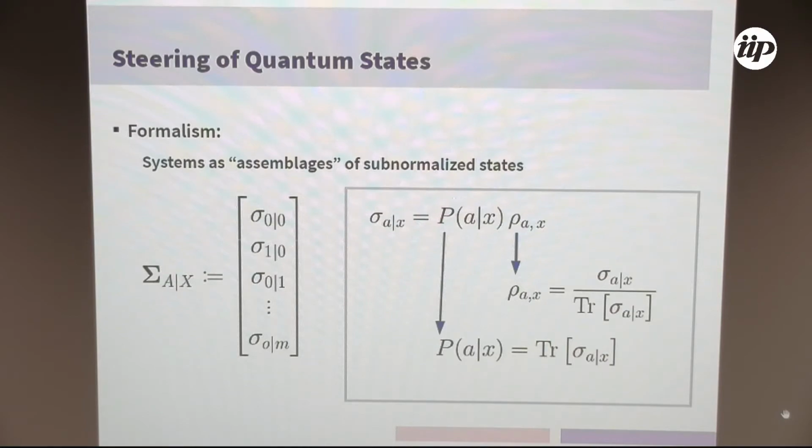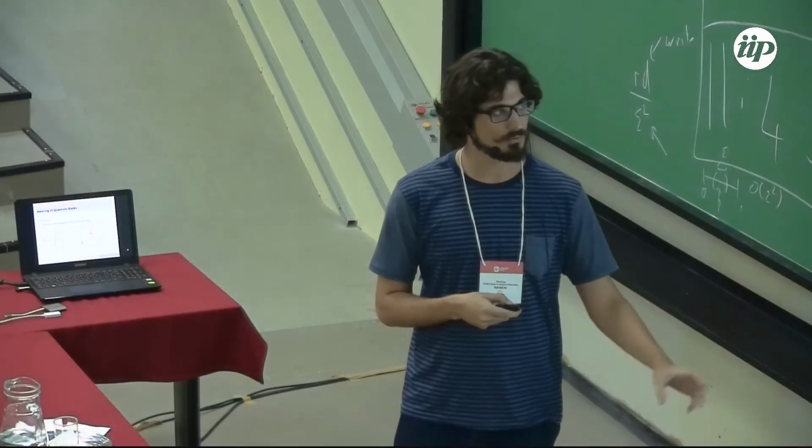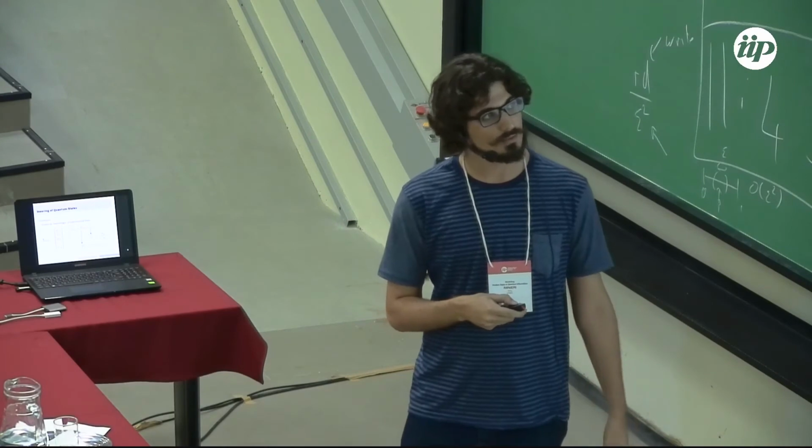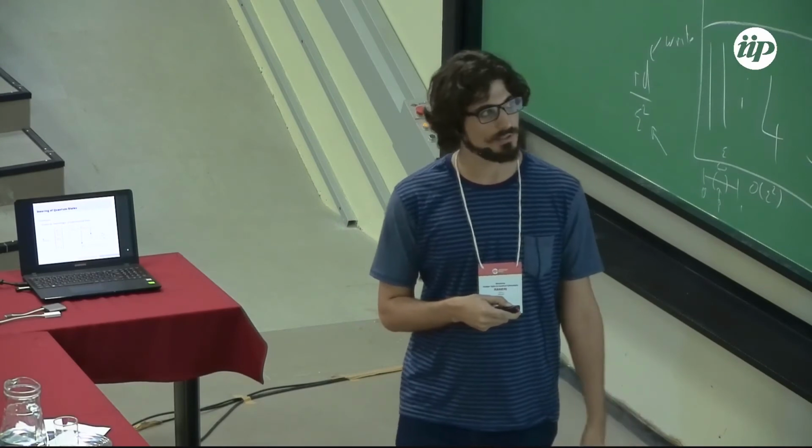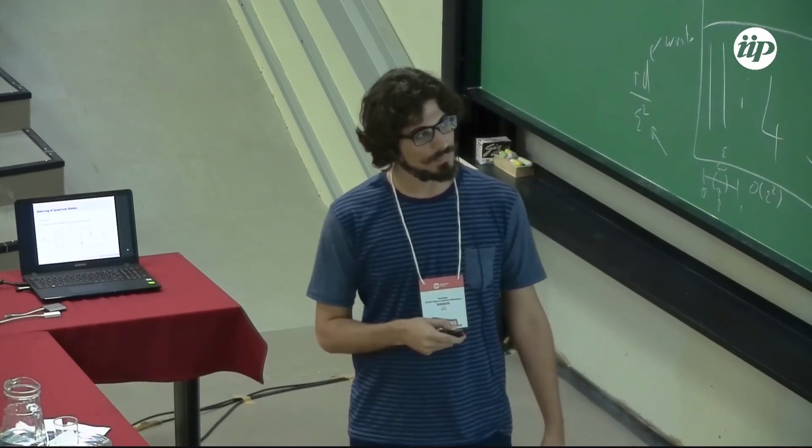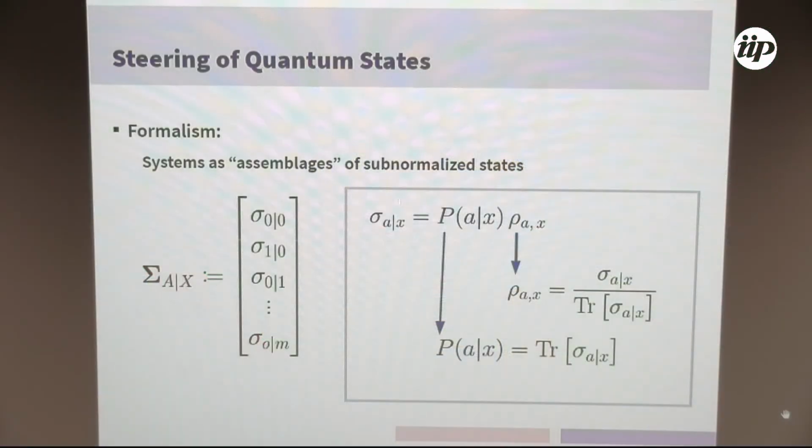If I just multiply the probabilities that is associated to the untrusted measurement side, and to the state which is associated with the other, I have complete information in these subnormalized states, in these states which are less than one trace, because if I take the trace out, I recover the probability which is associated to the black box, and if I normalize the state, I recover the quantum state which is on the other side.